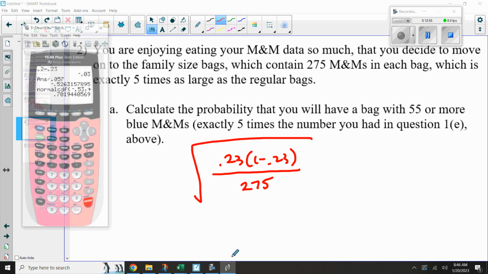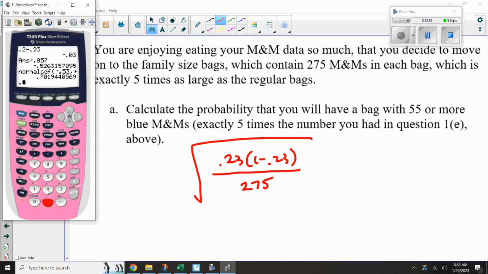So for that, I get 0.23 times 1 minus 0.23 divided by 275, and I take the square root of that, and I find out my new standard deviation is equal to 0.025. Now that's as opposed to the old one, which was 0.057.